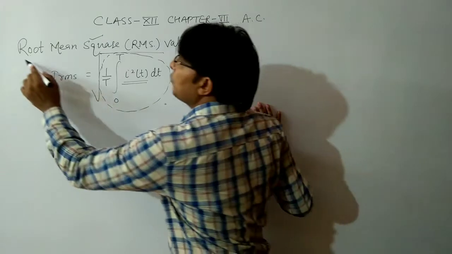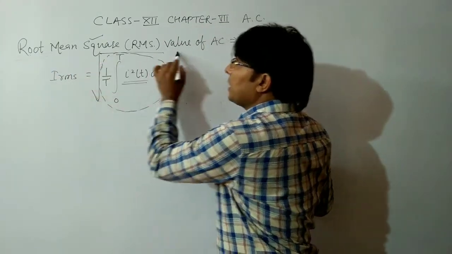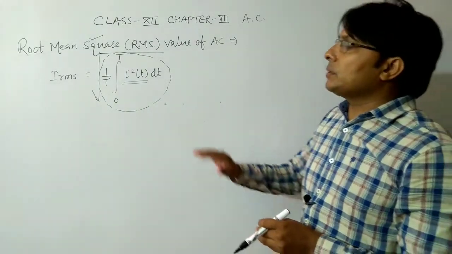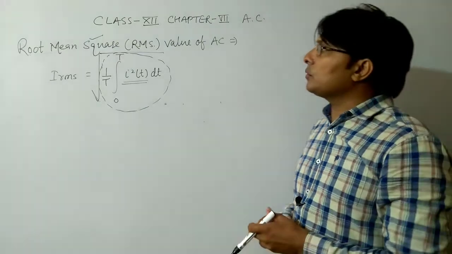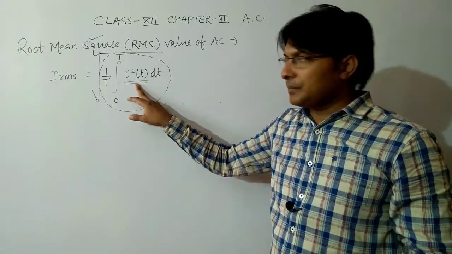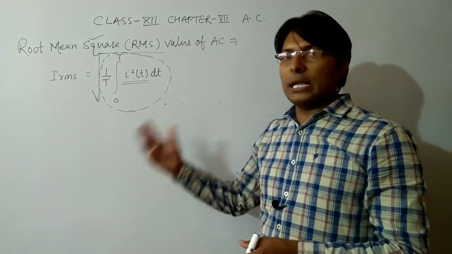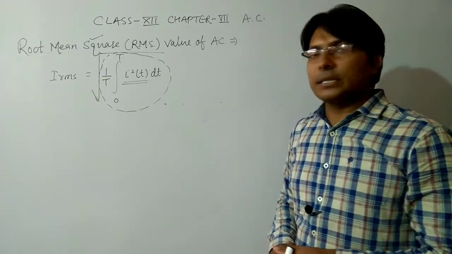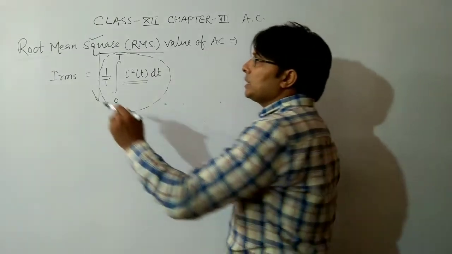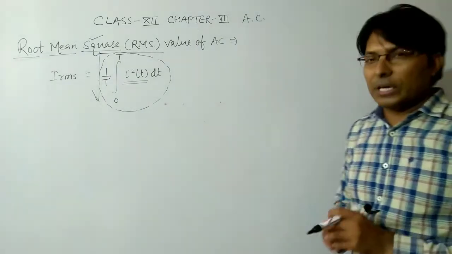And at last we take the square root. So this is how you can remember how to calculate the root mean square value of AC. First you square the signal, thereafter you take the mean value of that, and at last you take the square root. That's why it is named root mean square value of AC.